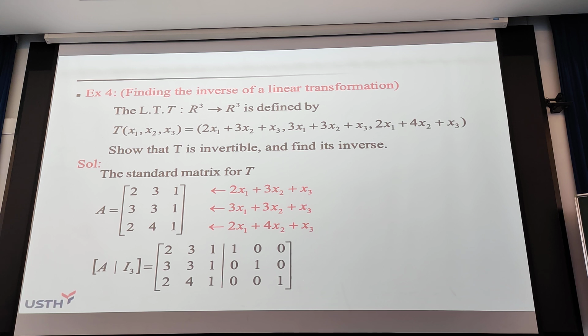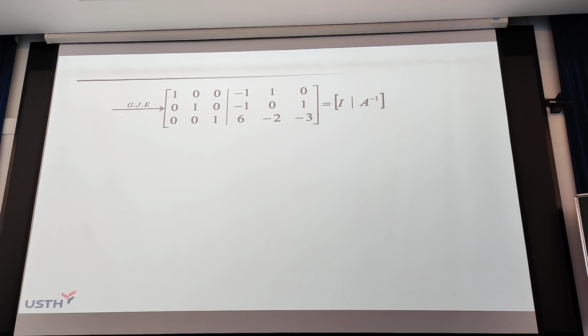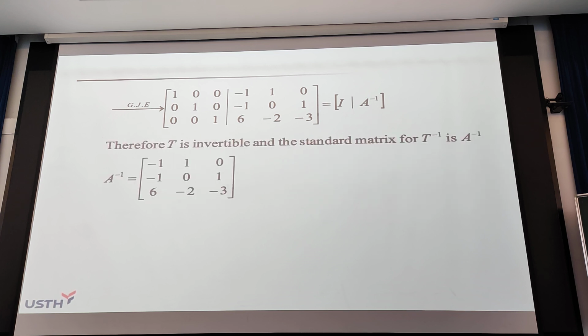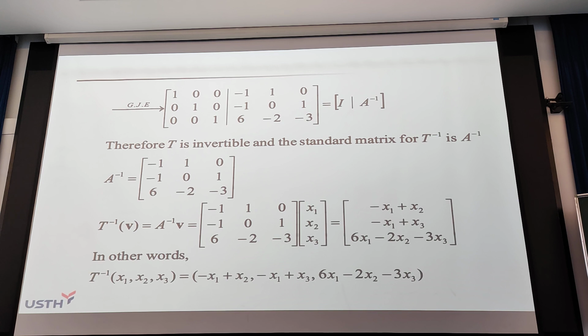Applying Gauss-Jordan elimination, we transform it into that one. Then that part will be A inverse, and it is exactly the standard matrix for T inverse. You can verify T inverse of v equals A inverse multiplied by v. If we multiply that, you get T inverse of x1, x2, x3 will be that. That is the formula for the inverse map.